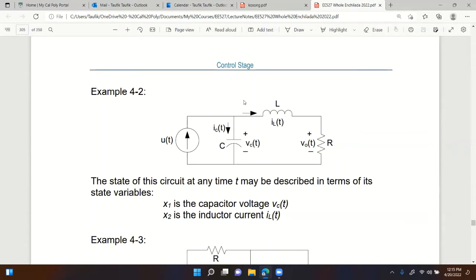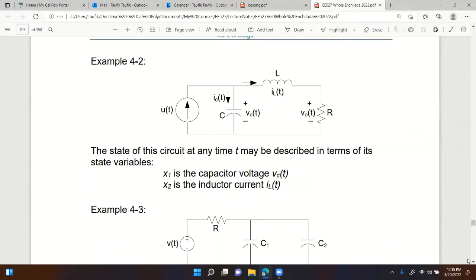So therefore, I could have two state variables for this circuit, right? One input, and I don't know if I defined the output. Looks like I did not. So one input and two state variables. Input, as you already learned from previous classes, would be defined from an independent source, right?